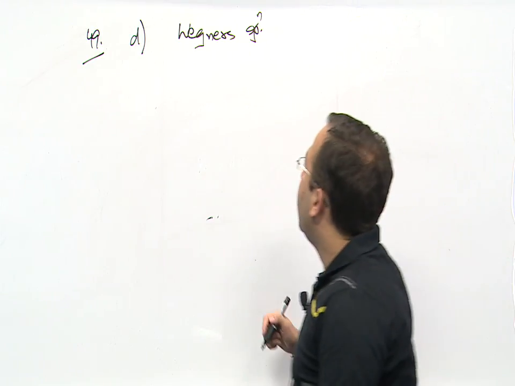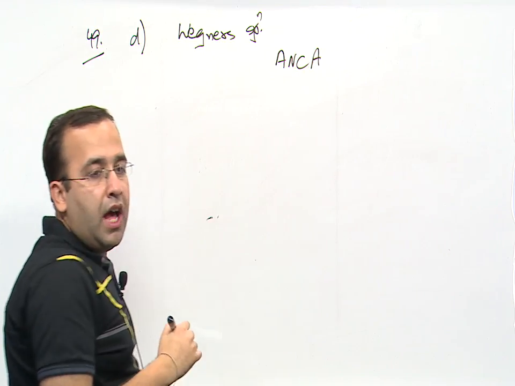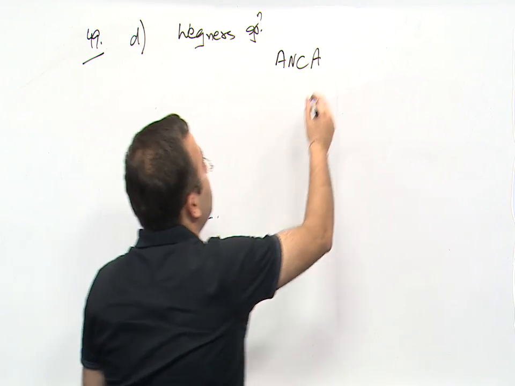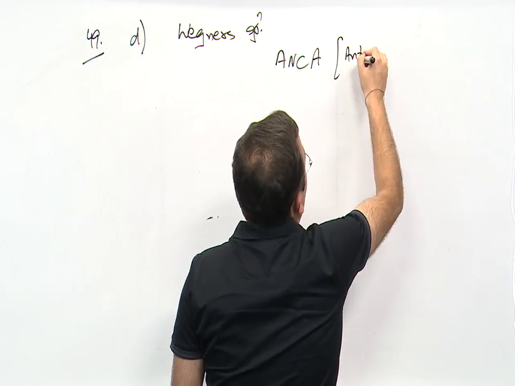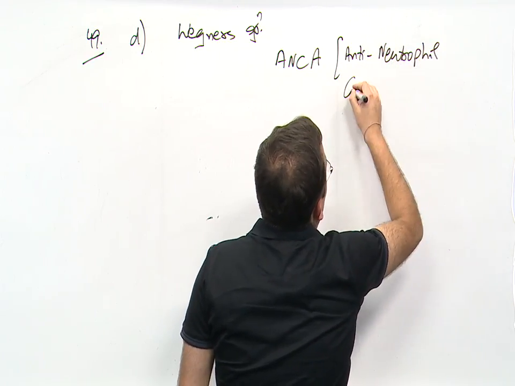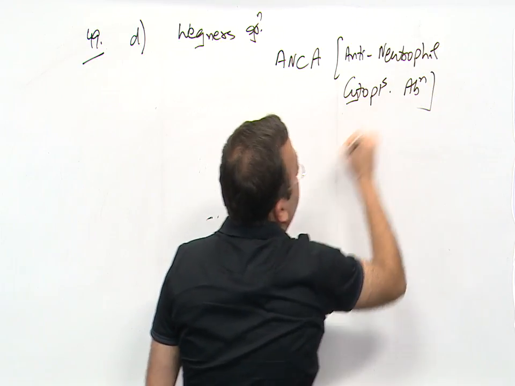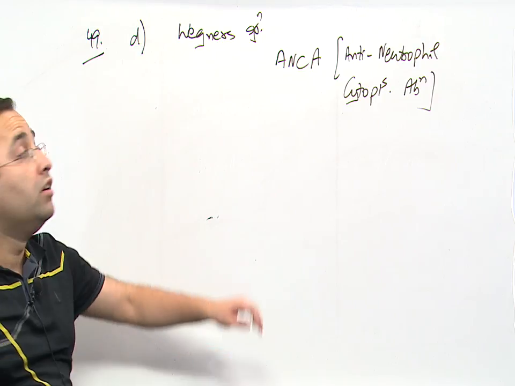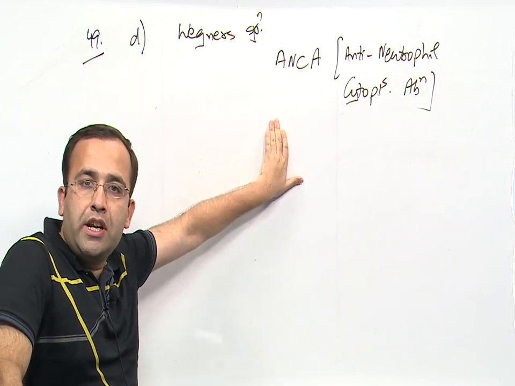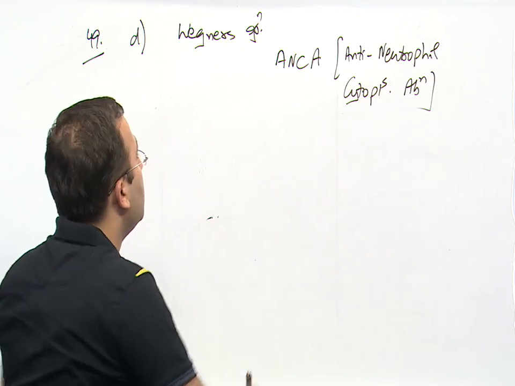ANCA stands for anti-neutrophil cytoplasmic antibody. ANCA vasculitis, I can divide it into three main types.